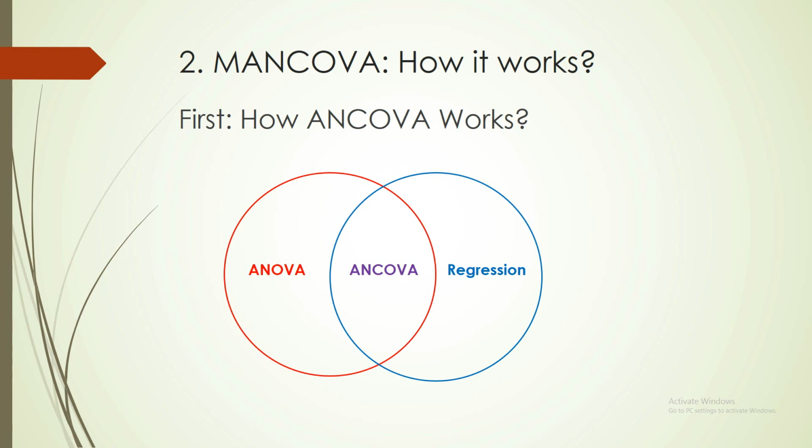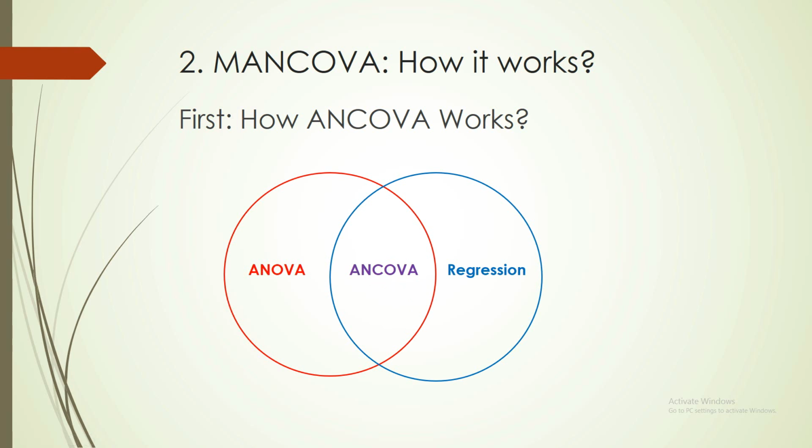So now that we learned what types of scenarios we should apply ANCOVA, you might ask me, how does ANCOVA actually work mechanically? Now, ANCOVA is actually a hybrid of the ANOVA and the regression methods. So it's a hybrid.